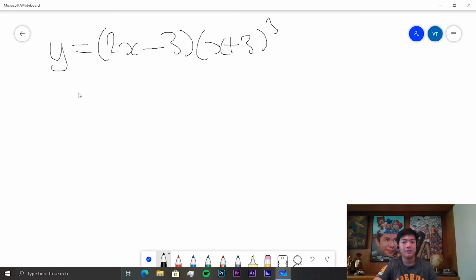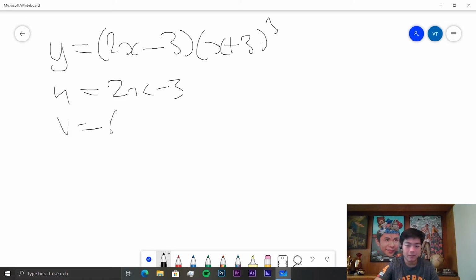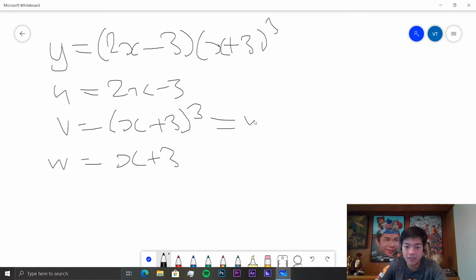First we're going to have to chain rule this, but we can say u is equal to 2x minus 3, v is equal to x plus 3 cubed, and w is equal to x plus 3. So v is therefore equal to w cubed.